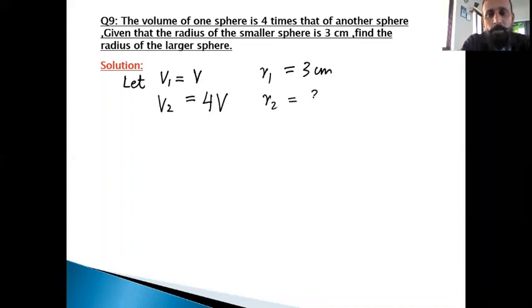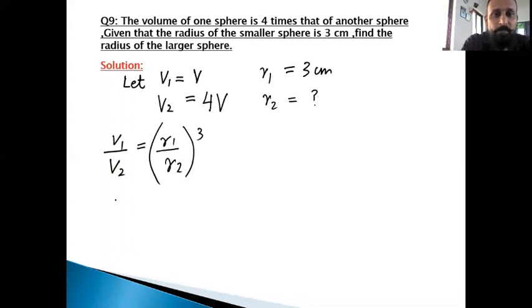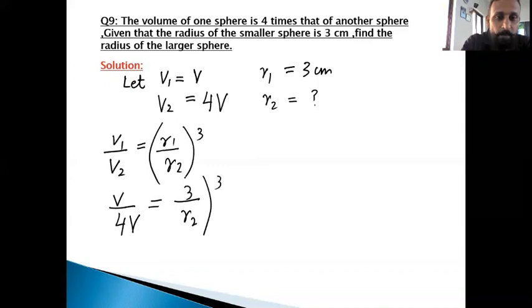R2 is unknown. So we'll use the same formula of volume in terms of radius, R1 upon R2, the whole cube. We'll plug in these values, V upon 4V equals R1 is 3, R2 is unknown, but here we have the whole cube. So dear students, we can simplify V and V. So we are left with 1 upon 4 equals 3 cube upon R2 cube. 3 threes are 9, 9 threes are 27.